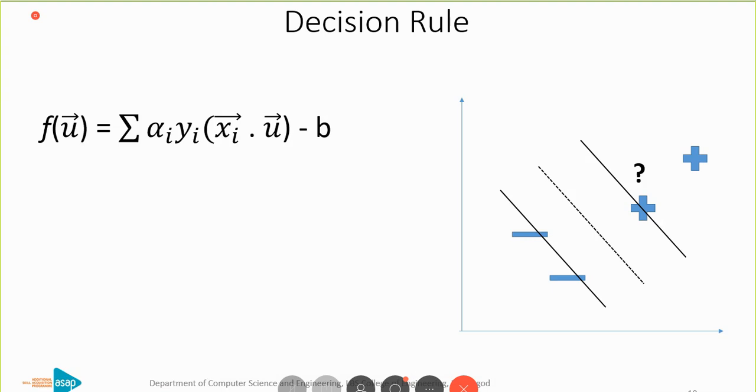More recently, kernel tricks were introduced, and SVM was able to solve non-linear problems, especially handwritten digit classification. So SVM became much more popular in dealing with handwritten digit classification.